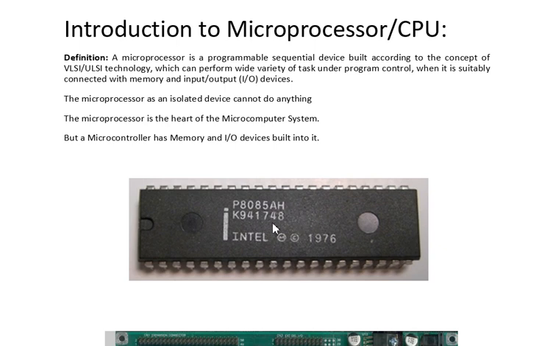We have talked about data. We are providing data to the microprocessor and also providing instructions. So inside this CPU there must be some place where they can be kept. That means it has some registers.